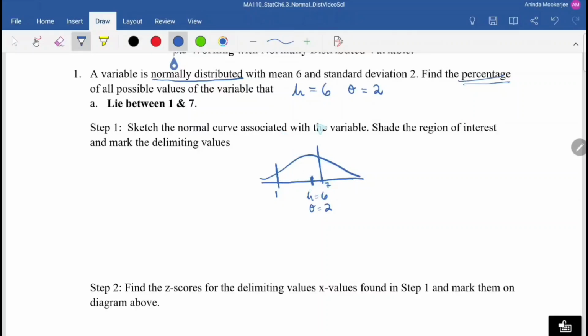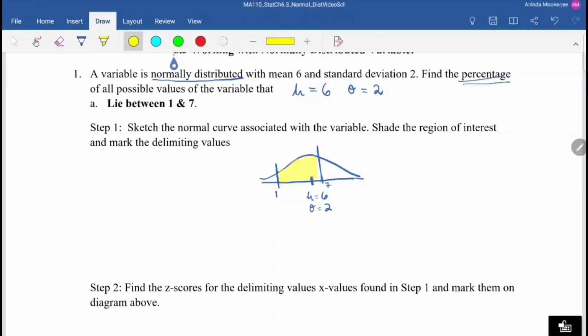So we extended these vertical lines, and now we can shade the area that we will be looking for. Okay, this is the area we will be looking for. All right, now, in order to find the area, we cannot go to the table using actual values, right? The table only works with z values.